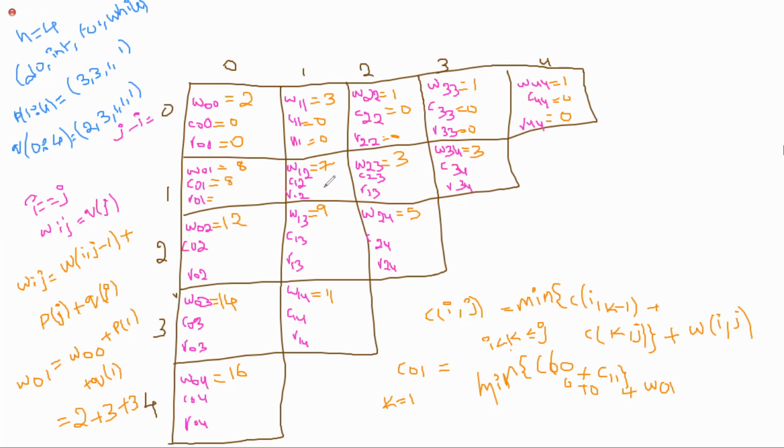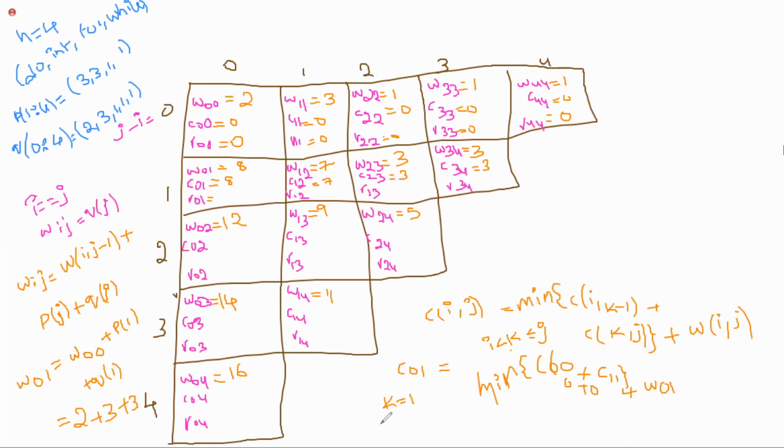What is the value here? 8. So for this diagonal, we will get all the values equal to the W value only, because every time you will get C11, C22, both 0, C22, C33, next C33, C44. So here you will get the same thing. For R, you just consider the k value.